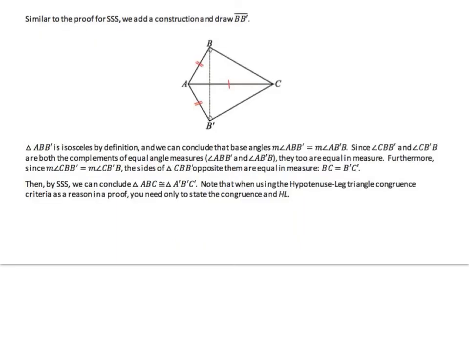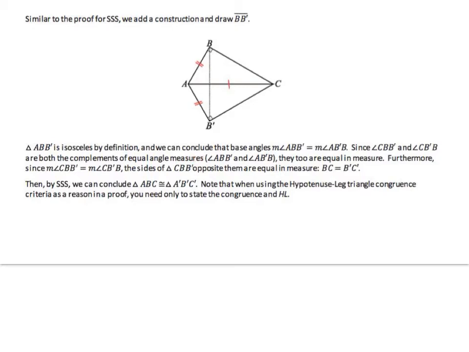Similar to the proof for side, side, side, we add a construction and draw segment B B prime, right there. Triangle A B B prime is isosceles by definition, because these two sides are congruent. And we conclude that the base angles, angle A B B prime and A B prime B, are equal, since angles C B B prime and C B prime B are both complements of the equal angle measures.